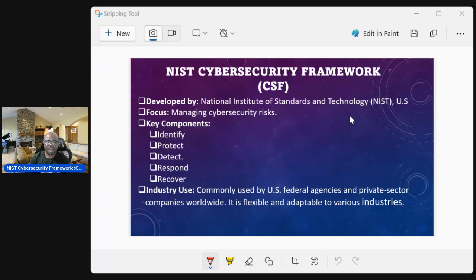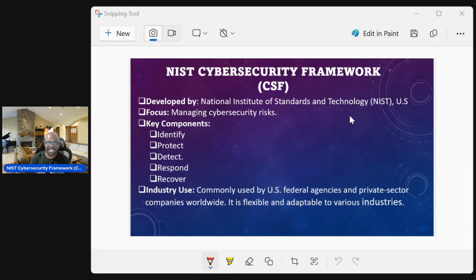Another key activity is governance, establishing policies, roles, and responsibilities for cybersecurity. And then we also have risk assessment as another key activity under the identify component.